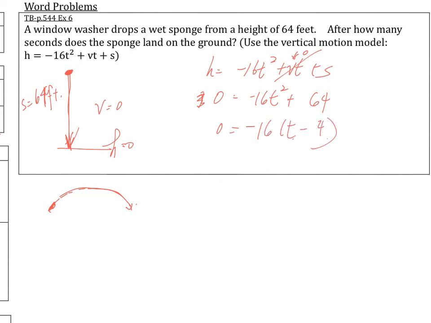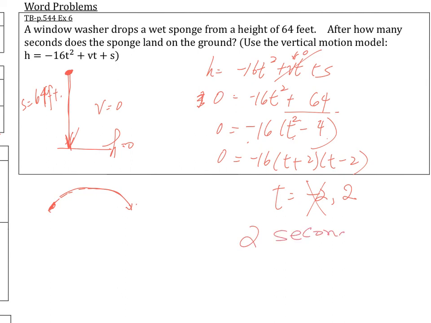So this will be t minus 4. -16 times -4 makes positive 64. T squared, and I can continue to factor. Now t can be -2 or 2, but there's no negative seconds, so we could cancel out the negative number, and time will be 2 seconds. And this concludes the lesson.